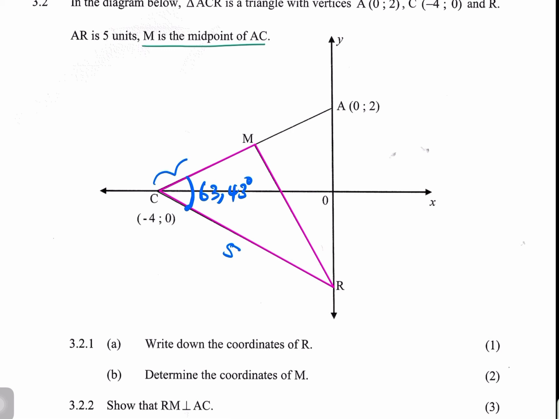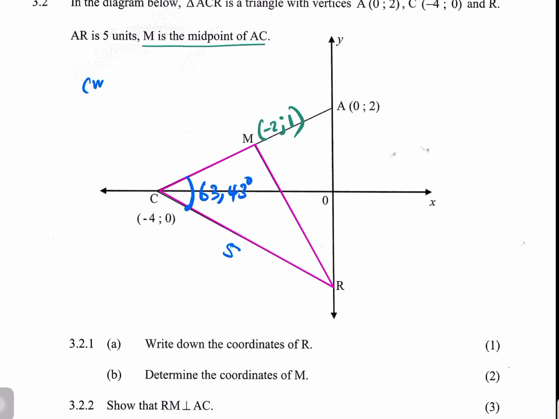We just need to find the length of CM. Remember that the coordinate of M was (-2, 1). So we can get the distance of CM and find out what that is.